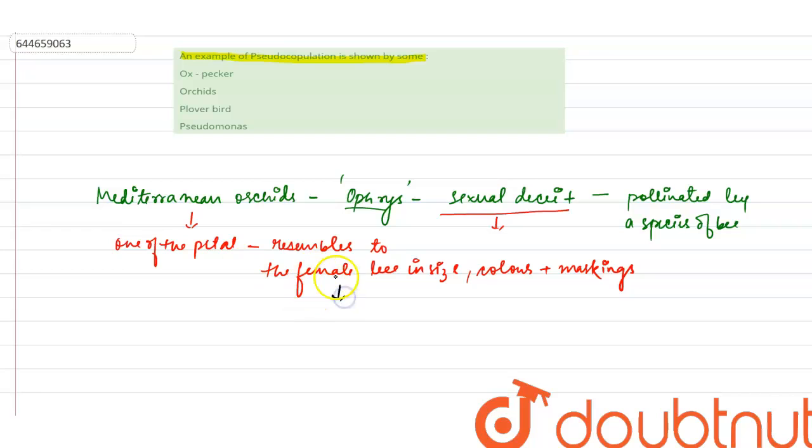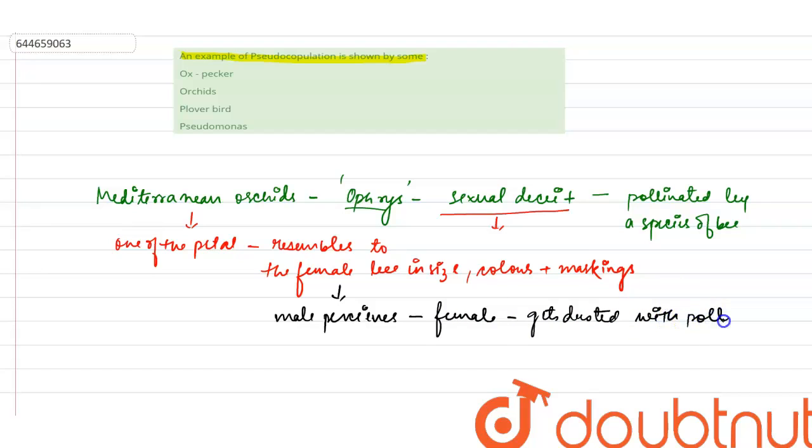It considers the petal to be a female, and gets dusted with pollen from the flower during the process called pseudocopulation.